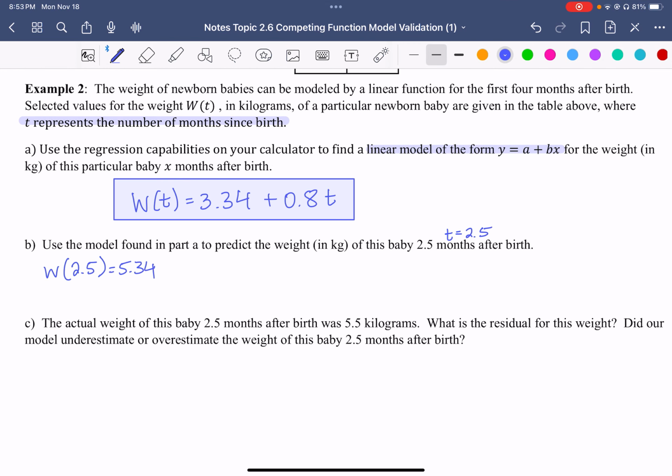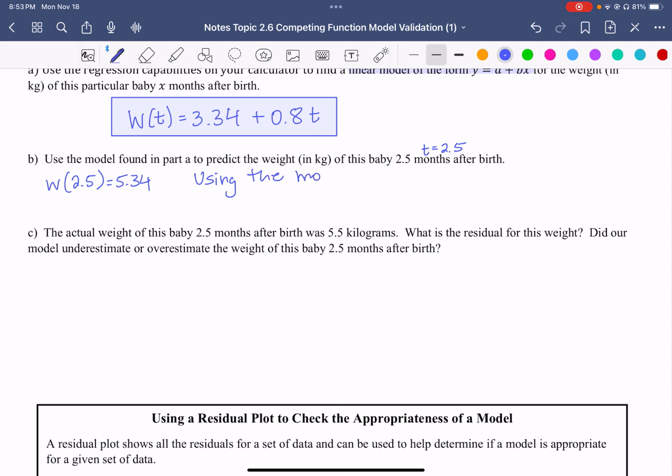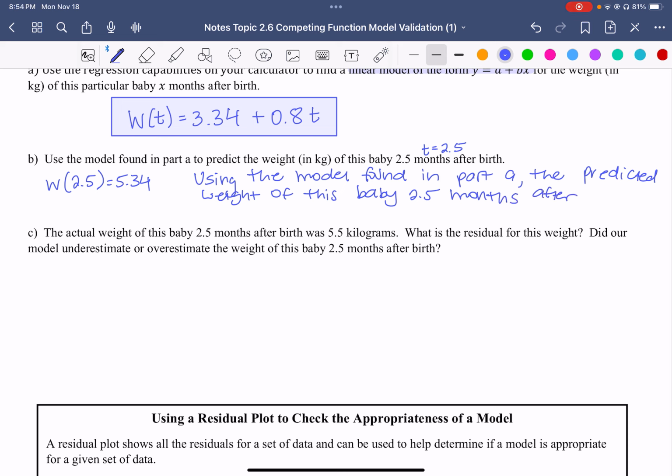Now this was an open-ended question, so I'm going to answer it with a sentence. So I'm going to say, using the model found in part A, the predicted weight of this baby 2.5 months after birth is 5.34 kilograms.